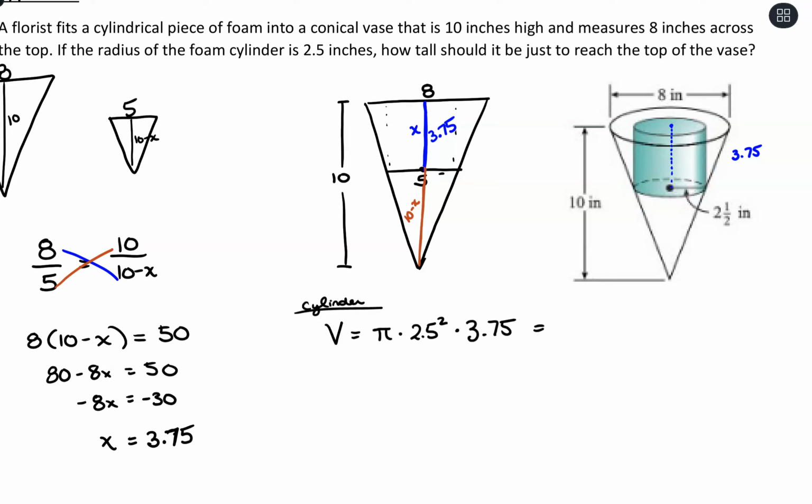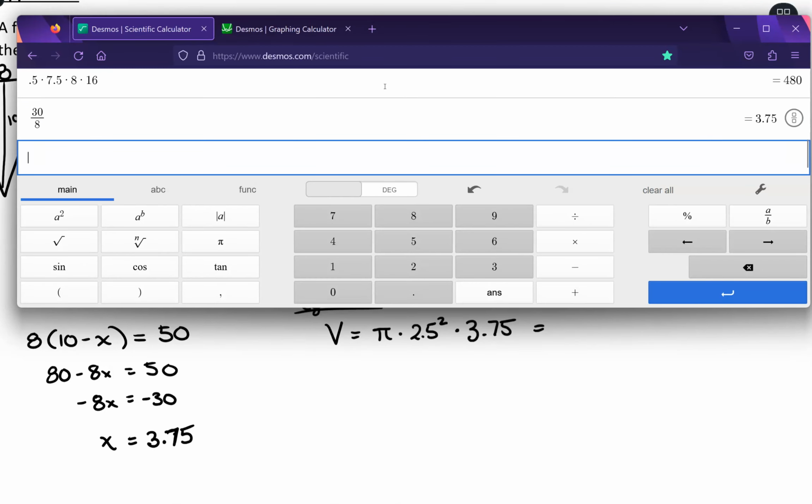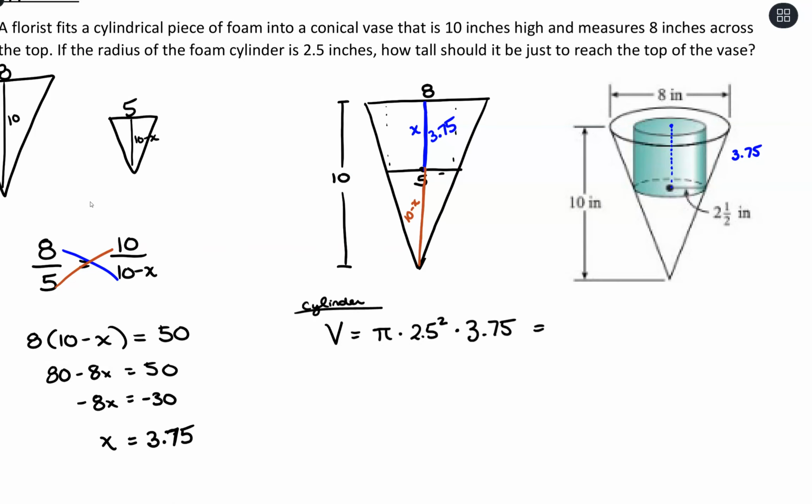So you didn't ask for this, but just for the sake of practicing what we just learned with volume and surface area, we're going to take pi times 2.5 squared times 3.75. So the volume of that foam cylinder would be 73.63 inches cubed.